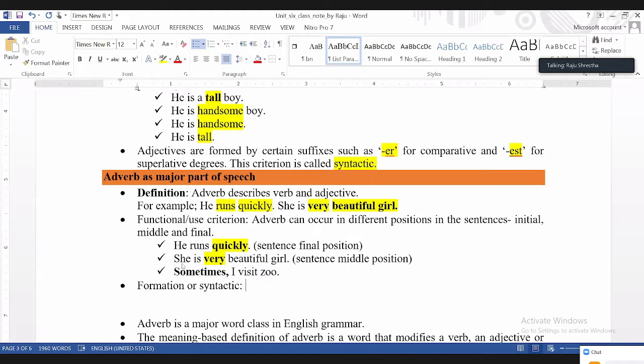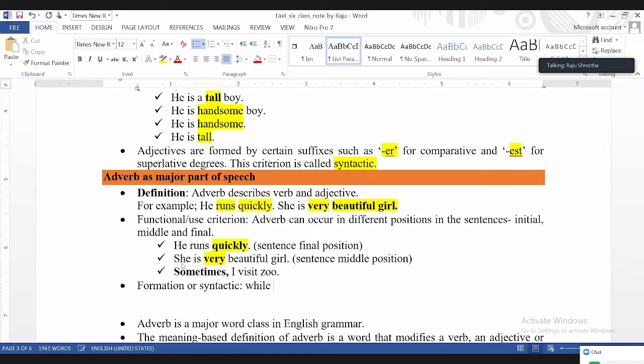If adjectives take -er and -est, making comparative and superlative, then in adverbs we add -ly. Simply say we add -ly, like briefly, finally, permanently.